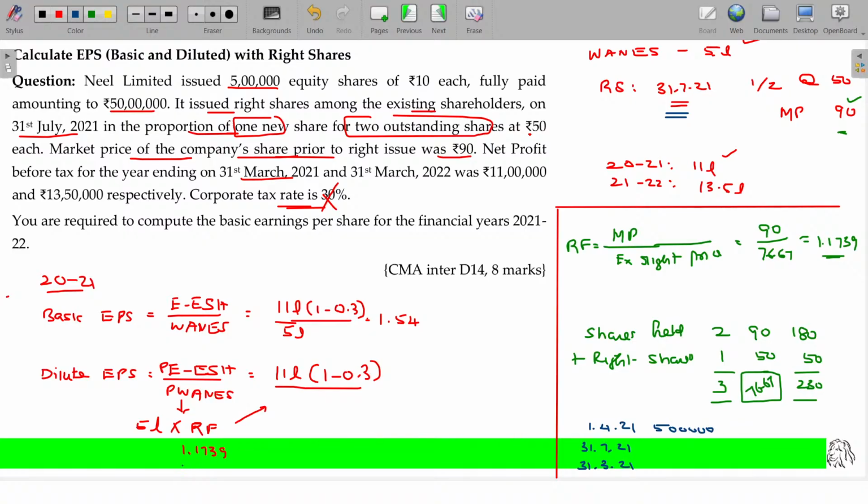Here 5 lakhs into this one. What is the value you will be getting? You calculate here 5 lakhs into this one: 5 lakhs 86,950. Am I right? You multiply these two and get the value.